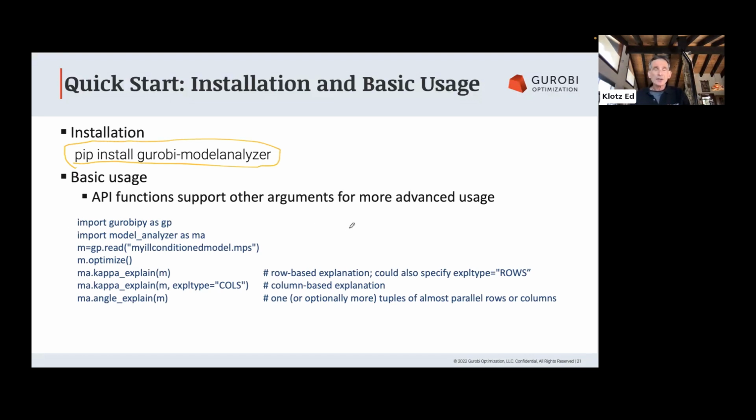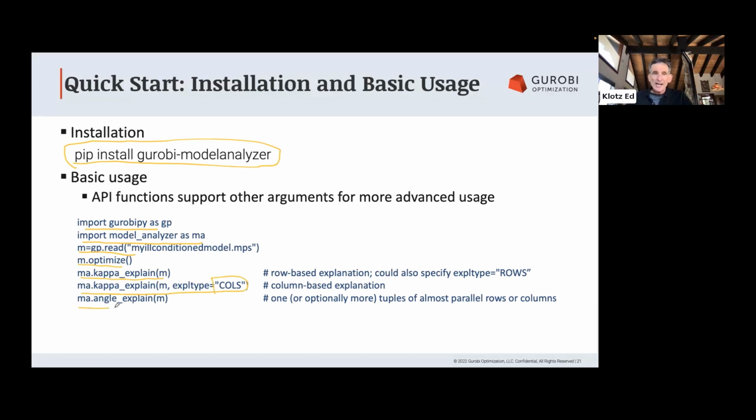There are API functions that, while they support other arguments for more advanced usage, the most common approach is you just import gurobipy, import the model analyzer tool, read in your model, and solve it. And then you can get a row-based explanation by calling this kappa explain function with just the model itself, or you can call that function with an additional argument to ask for a column-based explanation.